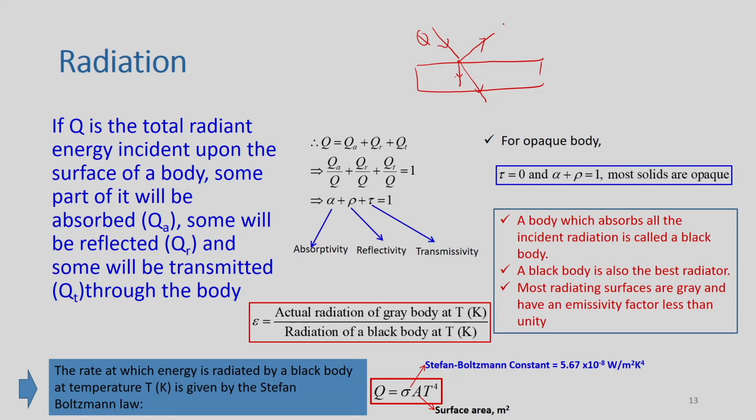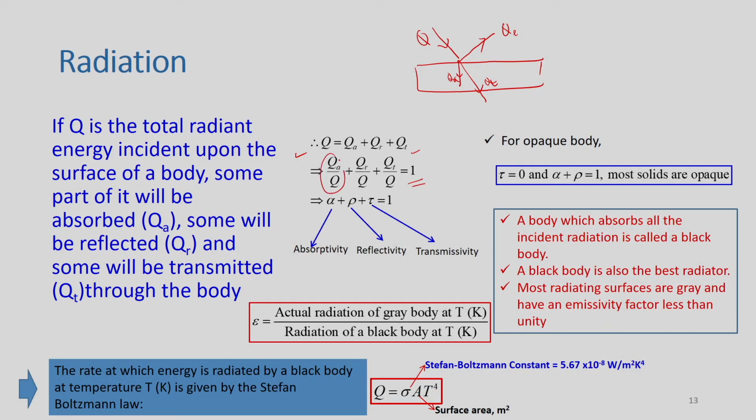If we write the reflected as QR, the absorbed as QA and the transmitted as QT, then we can write Q is nothing but QA plus QR plus QT. If we divide both sides by Q, we get this kind of expression.